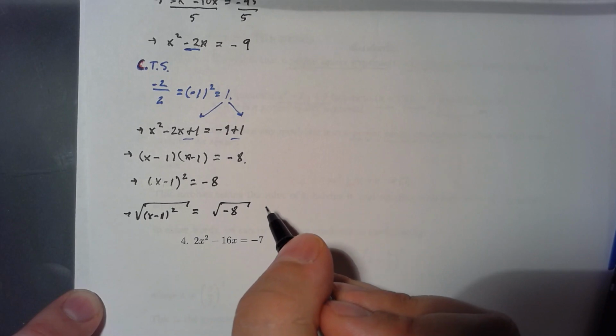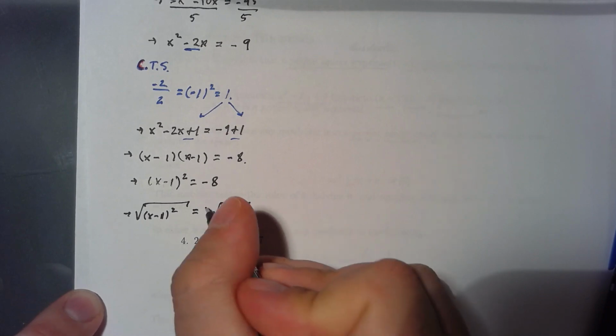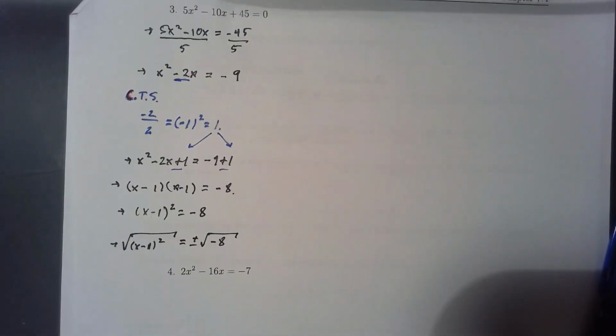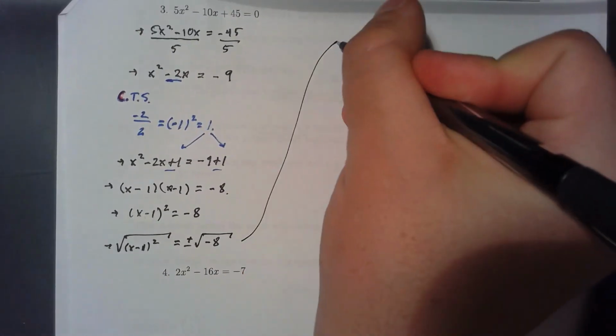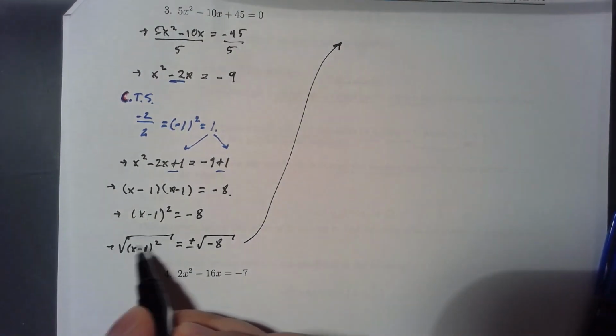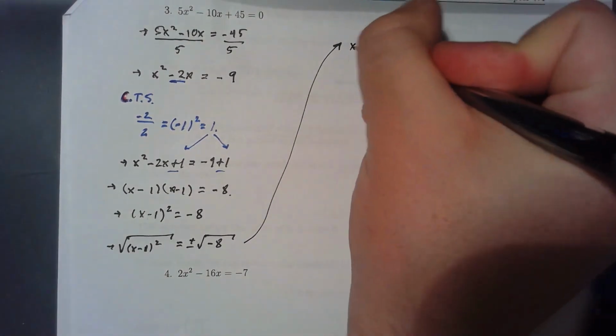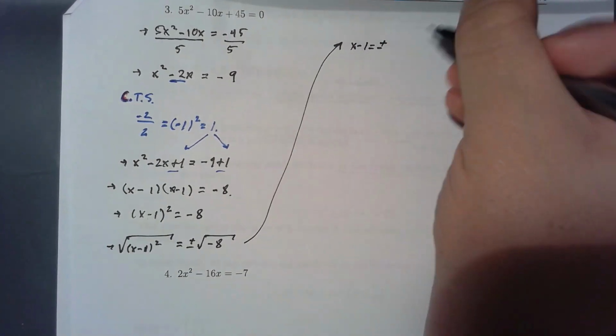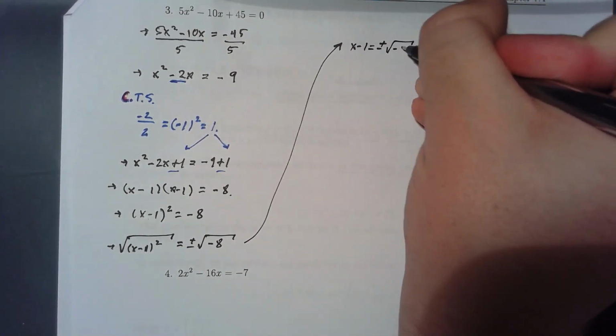Now, when I took the square root of -8, what do I have to include? A plus or minus out front. All right. So the square root of this squared, they cancel out, and you get x minus 1 equals plus or minus the square root of -8.